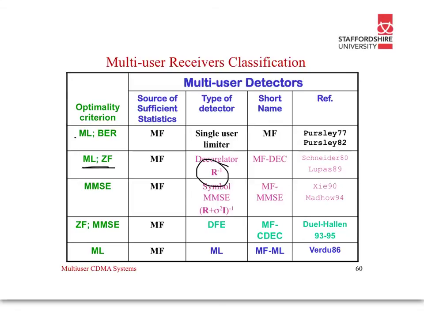Then we've got zero forcing, minimum mean squared error, decision feedback equalizer, and the MFML. We're just going to look at the top three. There are more complex receivers, known as adaptive receivers, which change according to the channel conditions. However, that is a more complex course and could be studied at master's level.